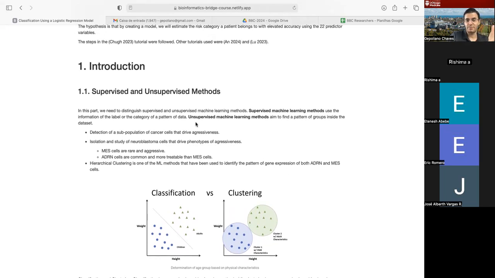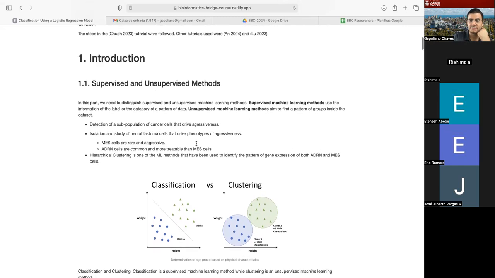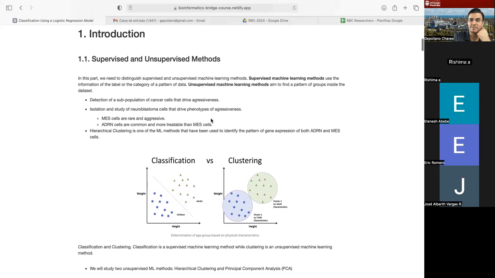exactly this type of information was used to detect subpopulation in neuroblastoma that drives aggressiveness. So isolation and study of these neuroblastoma cells has allowed the study of phenotypes that drive aggressiveness. So as I mentioned, we have two main cell populations in neuroblastoma. The mesenchymal cells are rare and aggressive.